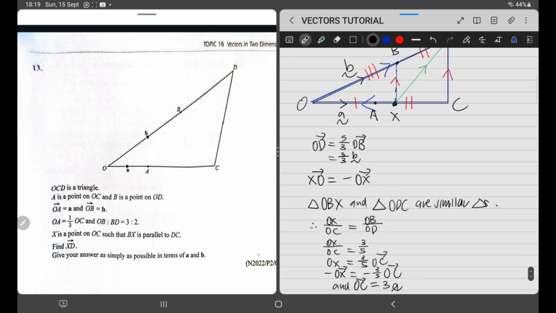So this question tests you on the similar triangles concept. It's not very obvious, but if you do enough vectors questions, you'll realize that this concept has been repeatedly tested, actually quite a lot of times in recent years as well.